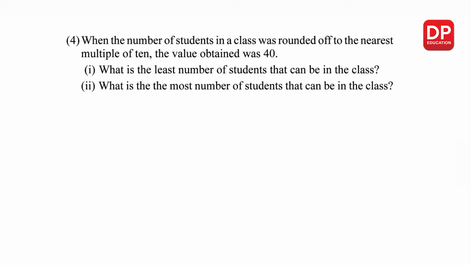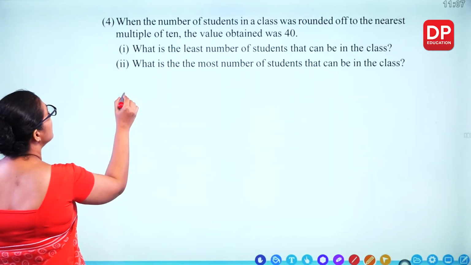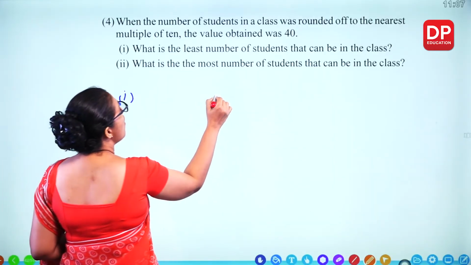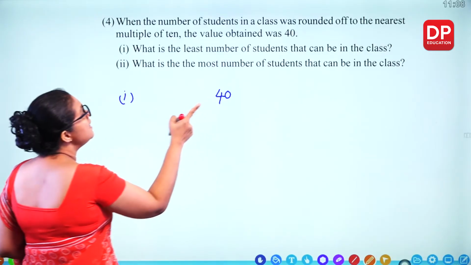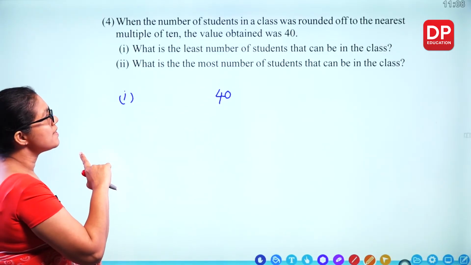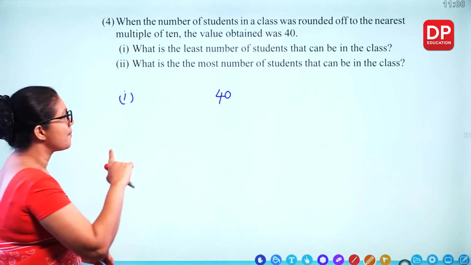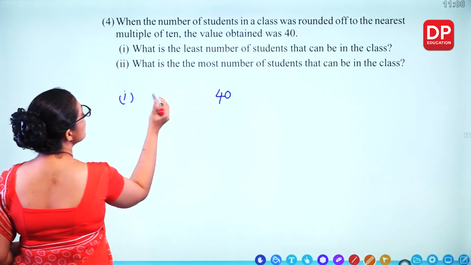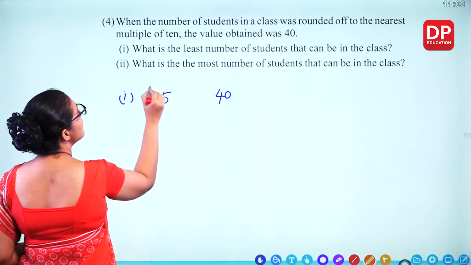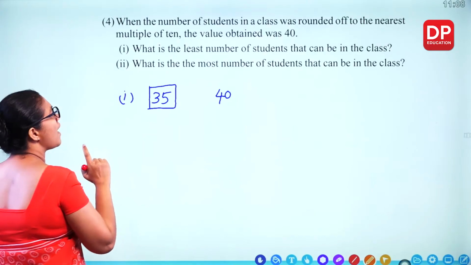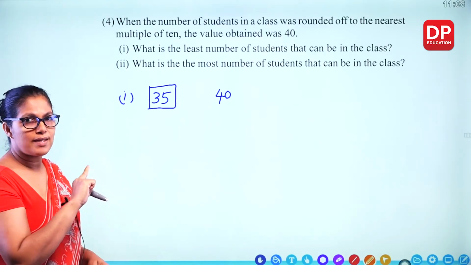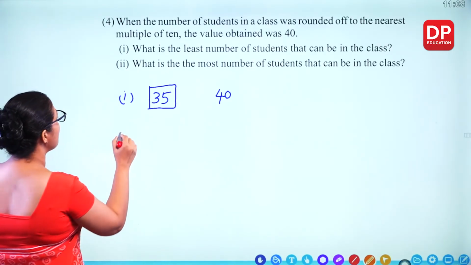When the number of students in a class was rounded off to the nearest multiple of 10, the value obtained was 40. What is the least number of students that can be in the class? Towards this side. So what's the least number? 35. 34 you can't take, 35 is the least number.